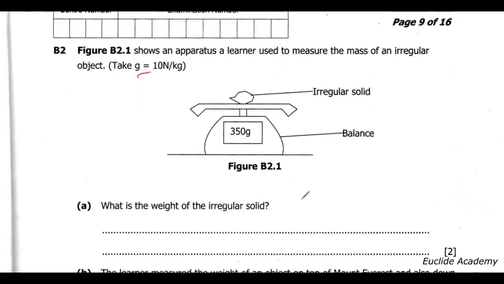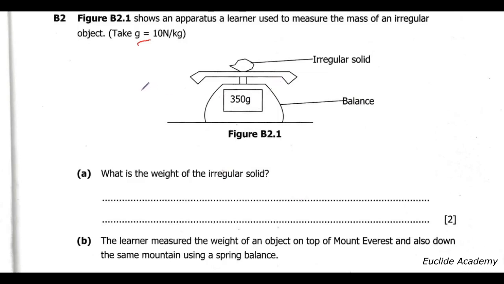So weight is a force. Weight is equal to mass times acceleration due to gravity, or the gravitational field strength, and the mass of this irregular solid is 350 grams. Now, remember I said you have to be careful when dealing with numbers. You have to put them in their base units.